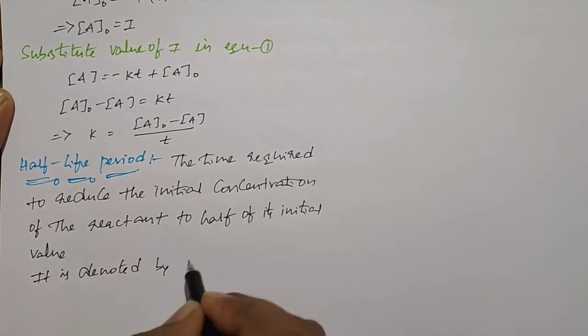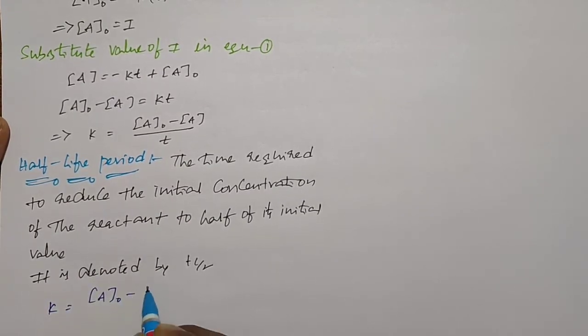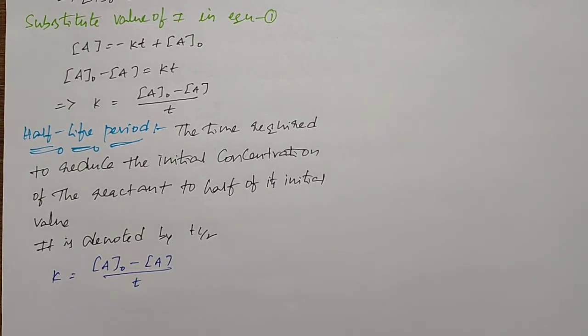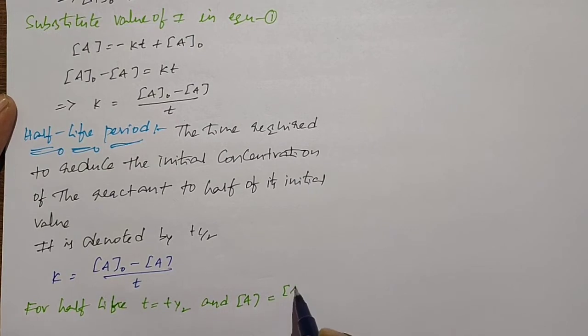So actually the rate constant for a zero order reaction is K is equal to A naught minus A by t. For the half-life period, we need to substitute t half in place of t, and in place of A, A naught by 2.